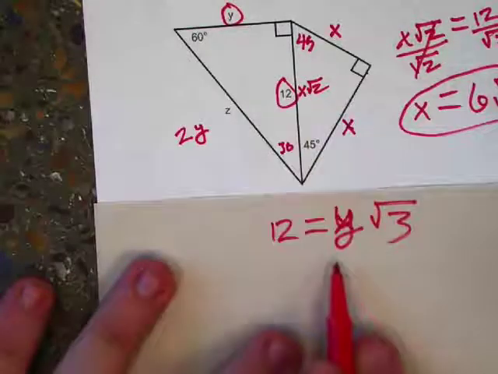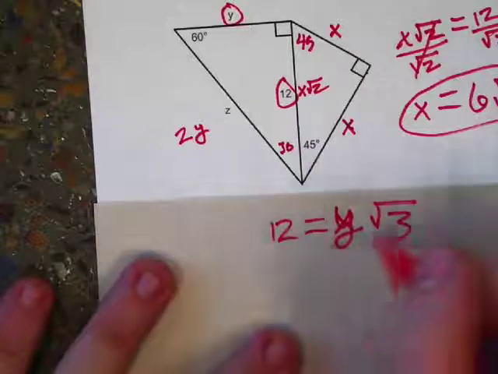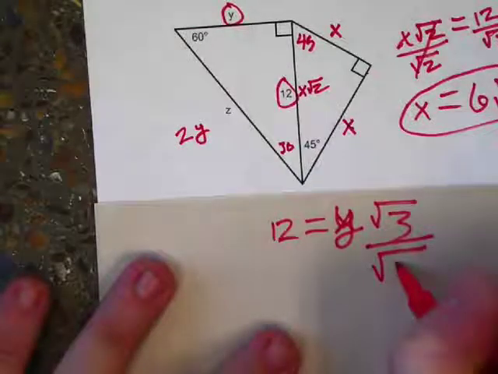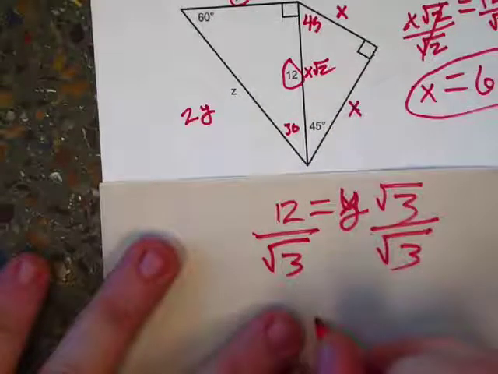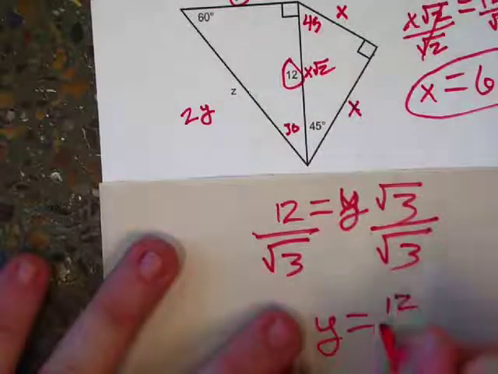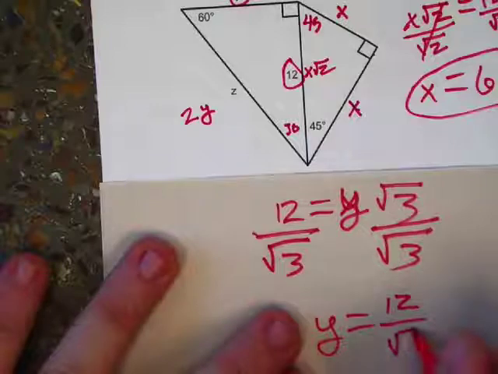Okay, so if that's the long leg, let's just solve for y. Divide by the square root of 3, divide by the square root of 3, and we're left with y equals 12 over the square root of 3.